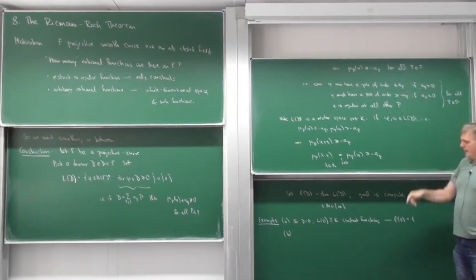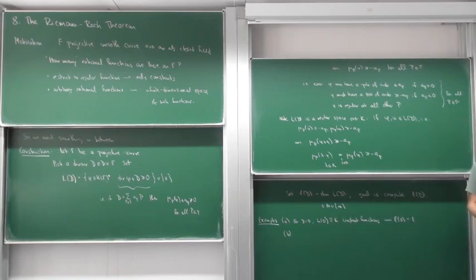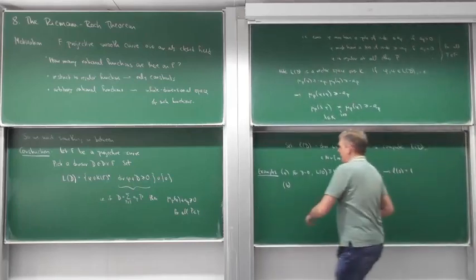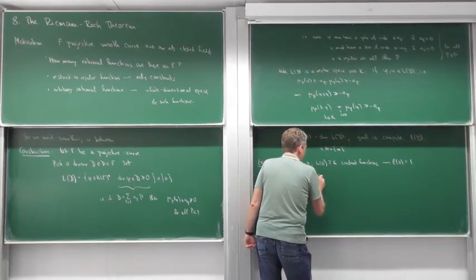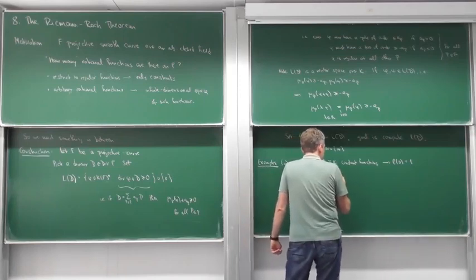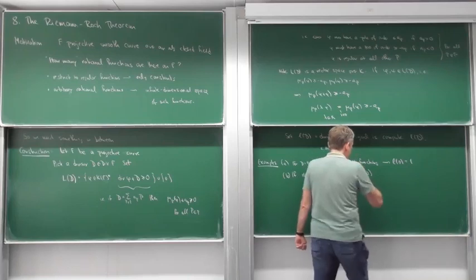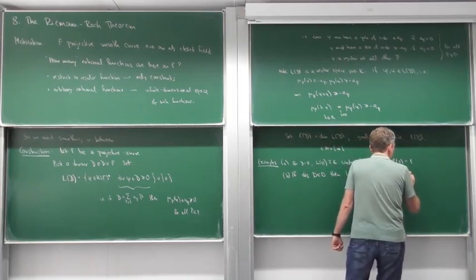And if we allow no poles, we have only the constant functions. If we additionally require zeros, it's not going to work out. So B, if the degree of the divisor is negative, then I claim that L of D is just the zero function, i.e. little l of d is then always 0.